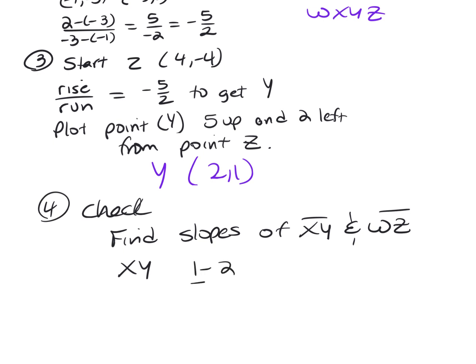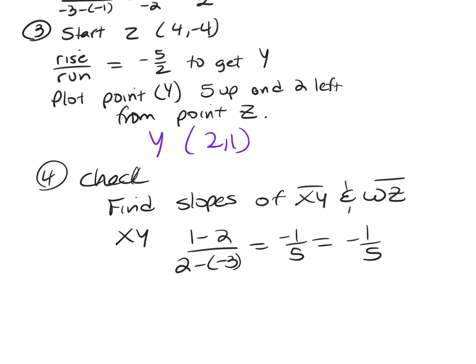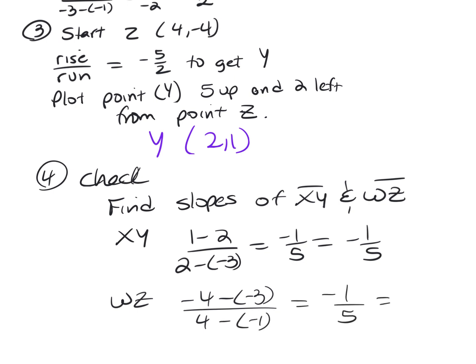So 1 minus 2, 2 minus negative 3, negative 1 over 5, so negative 1/5. And then WZ, its slope will be negative 4 minus negative 3, 4 minus negative 1, negative 1 over 5, so negative 1/5. I got the same slope. I can tell that those sides are parallel.